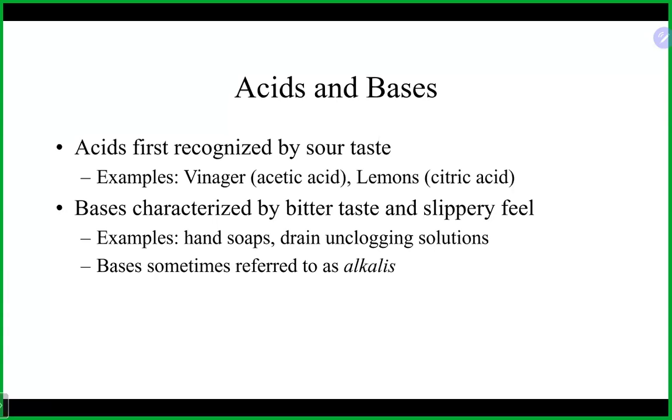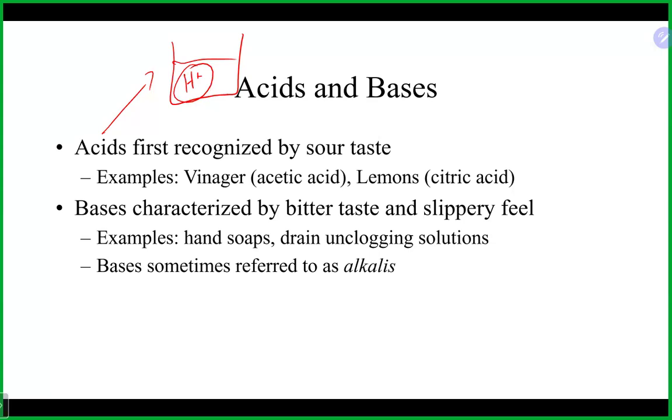It's really the ability, as we will see, of something to produce H plus ions in solution. So an acid is something that when it goes into solution has the ability to produce just free H plus ions floating around in solution. And that's basically what an acid is.